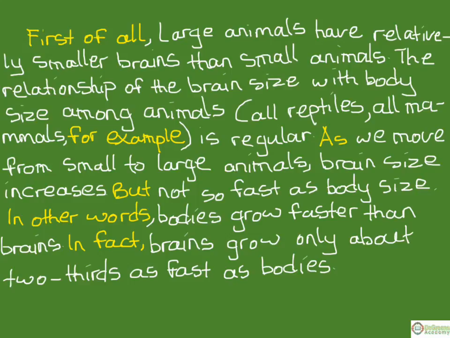The next one is "but." It says, but not so fast as body size. The next one is, in other words, bodies grow faster than brains. So you see, this phrase here, "in other words," brings a contradiction.